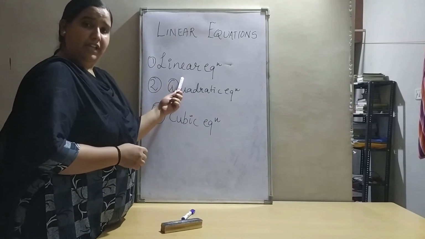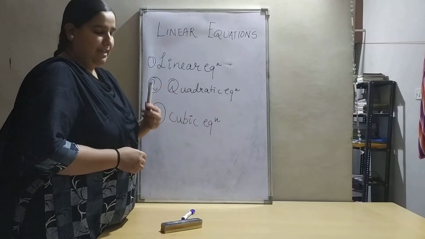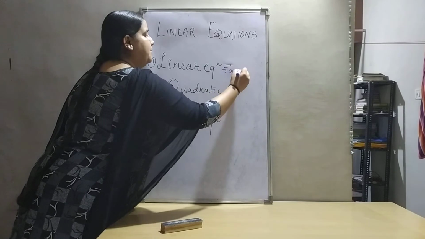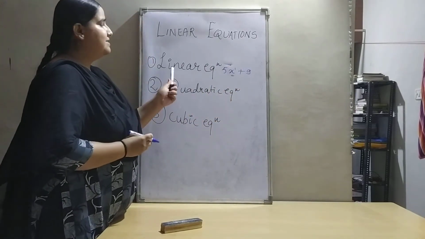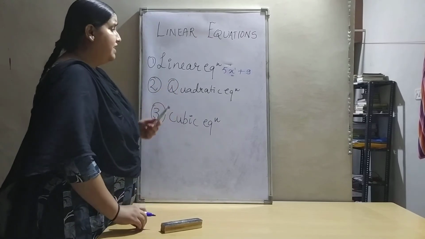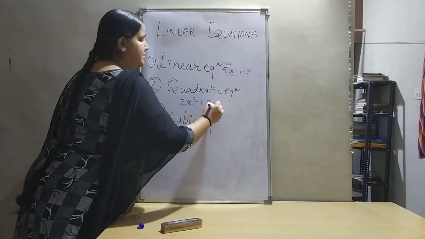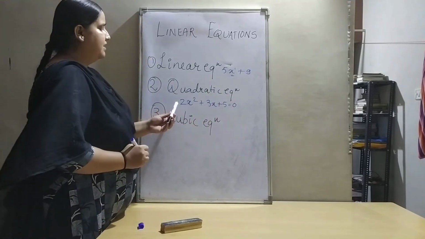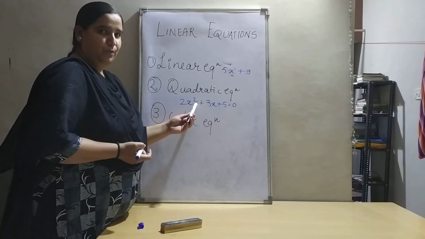If I talk about a linear equation, here the power of the variable is 1. That means in 5x plus 9, the power of the variable is 1. Therefore, it is a linear equation. Now, if I write 2x square plus 3x plus 5 is equal to 0, the highest power of variable x is 2.